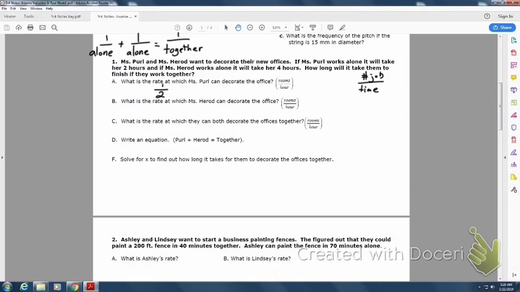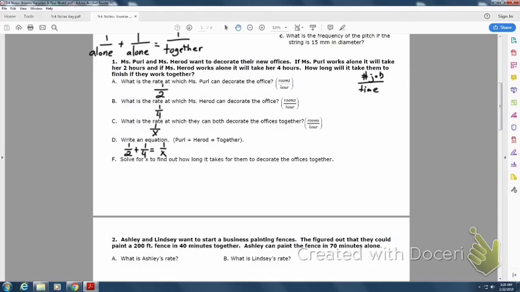If Miss Harrod works alone, it will take her 4 hours. And then it asks how long it would take them together, which we don't know. And so your equation is 1 over alone plus 1 over alone equals 1 over together.